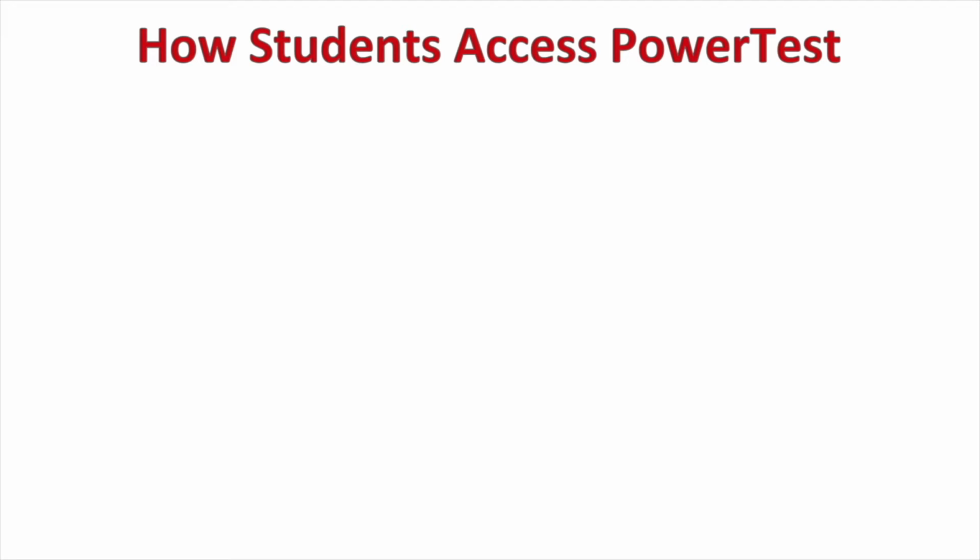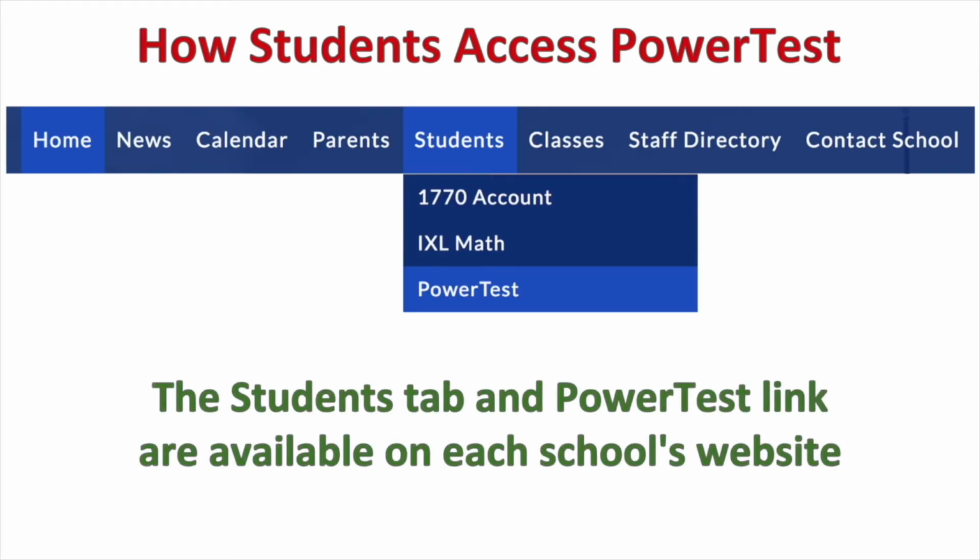Students can complete an online assessment that their teachers have created by using Pearson's PowerTest portal. To get to this service, students need to go to their school website, hover the mouse cursor over the Students tab in the upper middle part of the screen, and then select the PowerTest link in the list that opens.